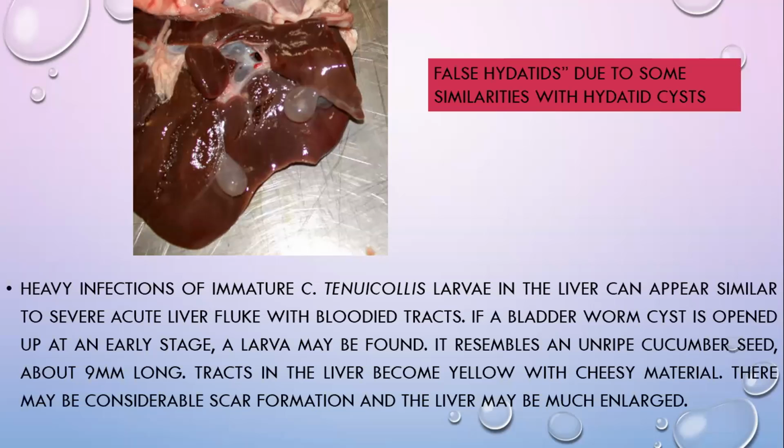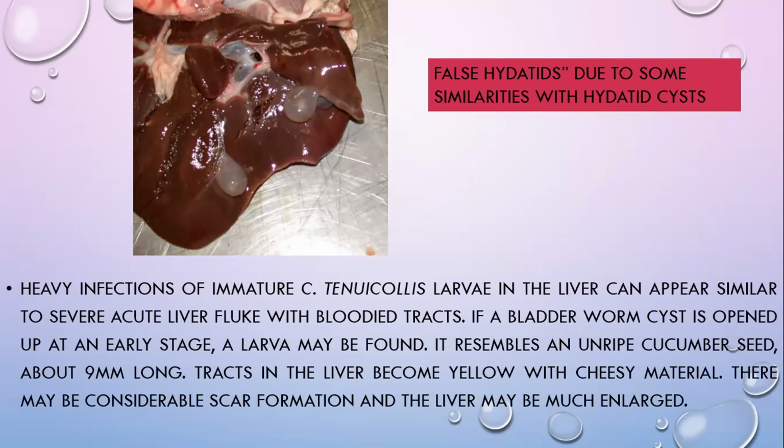They are also known as false hydatids because they have some resemblance to the hydatid cyst. Now, infection with this larva can look like acute fasciolosis, because there is blood hemorrhage, that is, the abdomen is filled with blood.